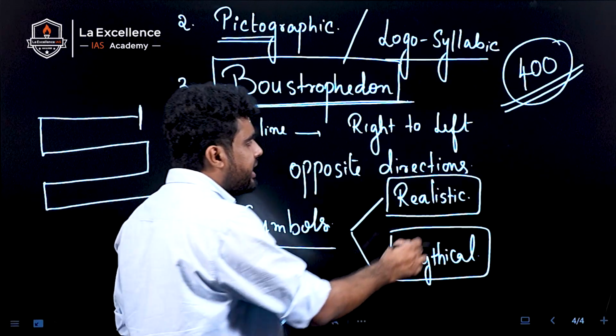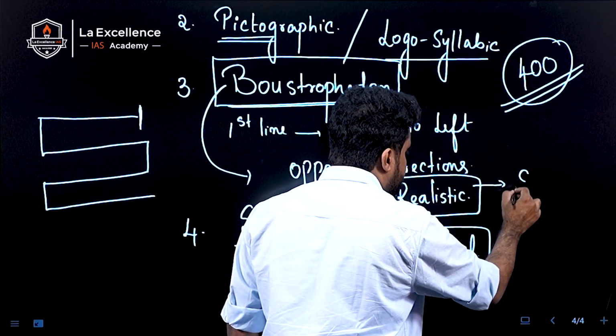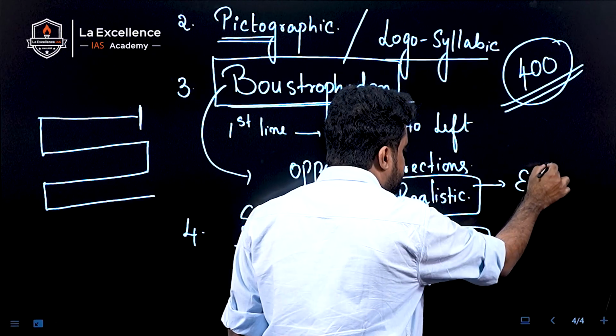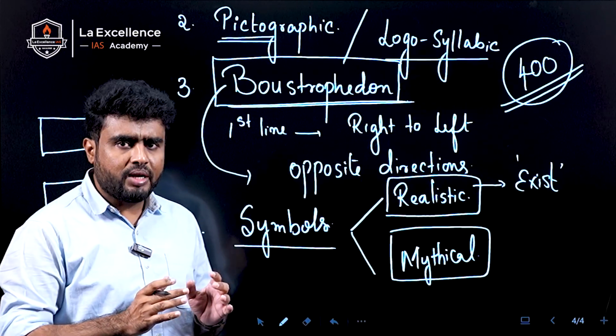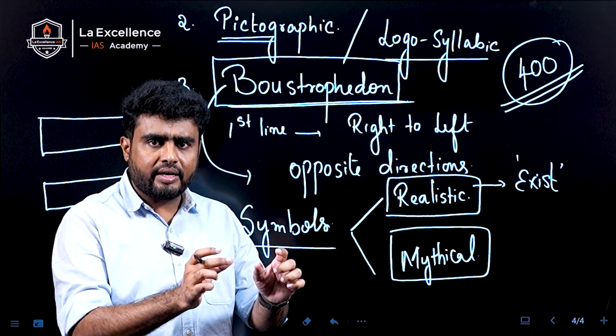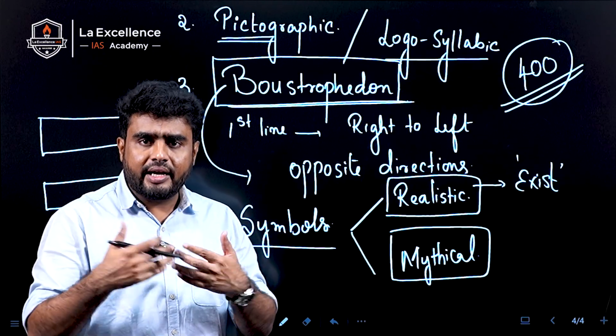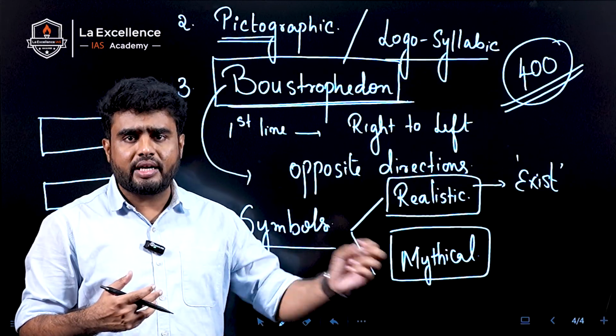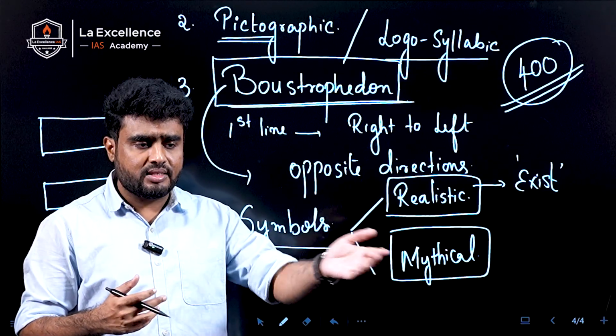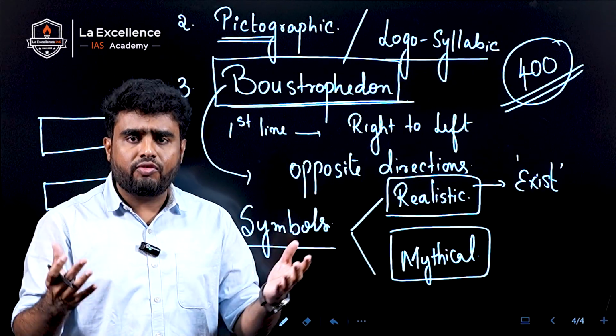Realistic means animals that actually exist. For example, if the Indus Valley Civilization people used the symbol of a tiger, a tiger is a real animal. Tigers exist, we have seen tigers. For example, they used an elephant. Yes, elephants exist. They used the image of a deer.